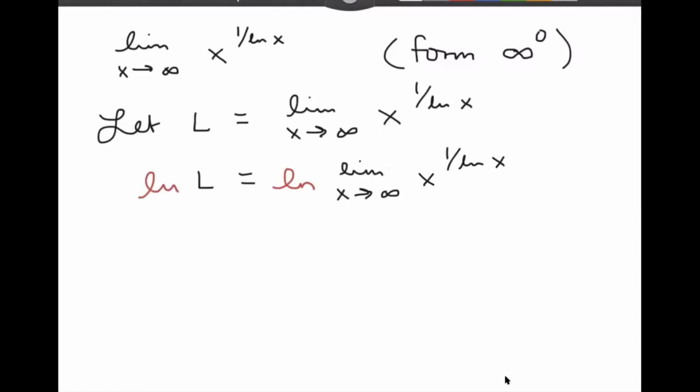Natural log is a continuous function. And back in Calc 1, you learned that a property of continuous functions is that they can be pushed inside of limits. In other words, the natural log of the limit is equal to the limit of the natural log. And maybe at this point, you can kind of start to see why I'm doing this.